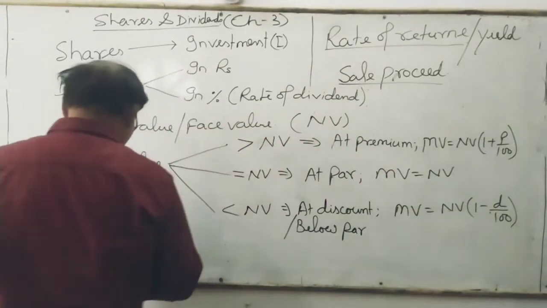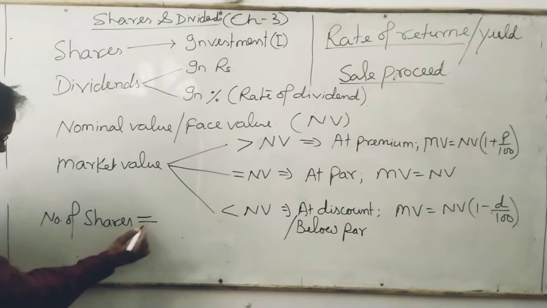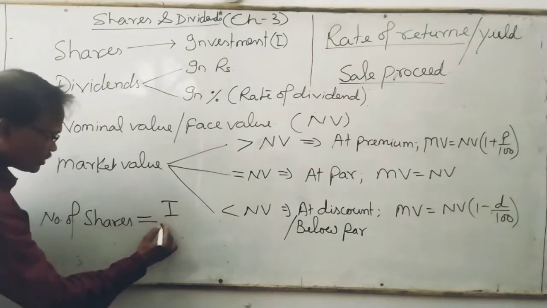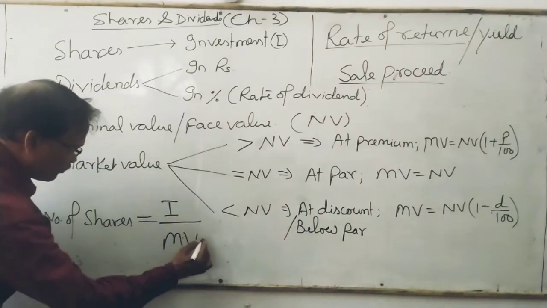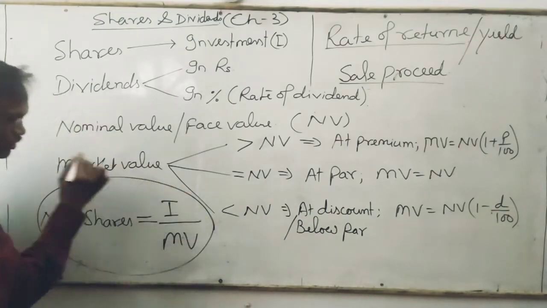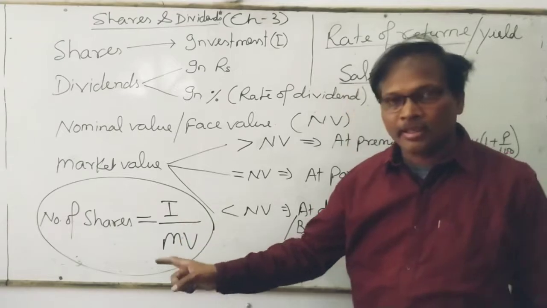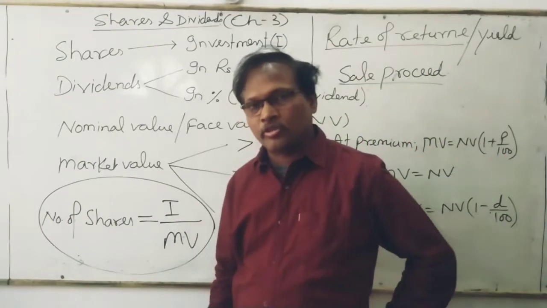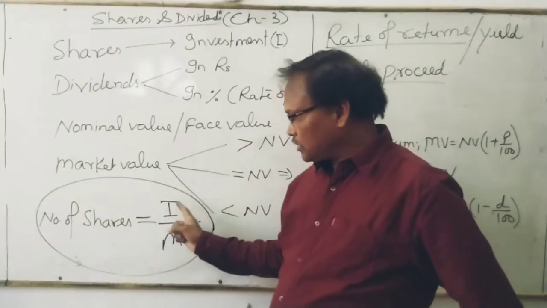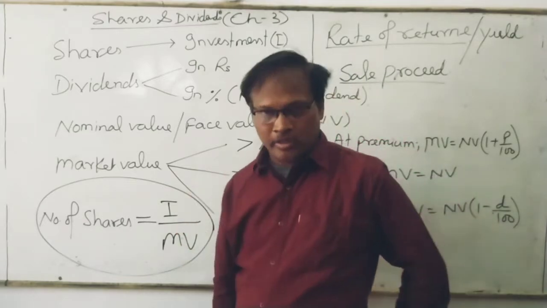So the first formula of the number of shares will be investment upon market value. This is the very first formula. इसके बगैर ये सबसे पहले निकाला जाता है in every question of the share topic. Number of shares is equal to investment upon market value.